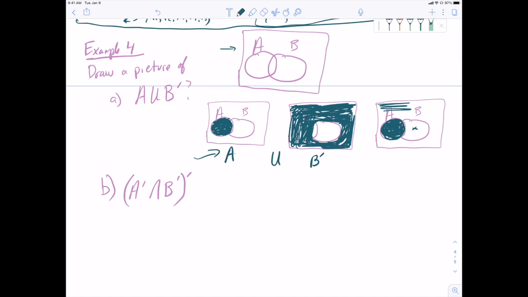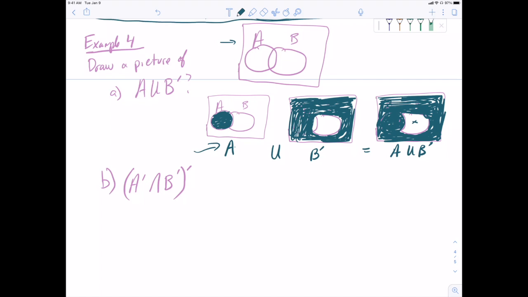So we have to then take up this part. And there's our answer. So that's everything that's in A and everything that's in B prime. So that's A union B prime.